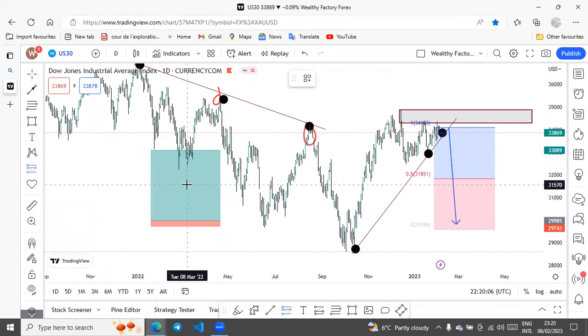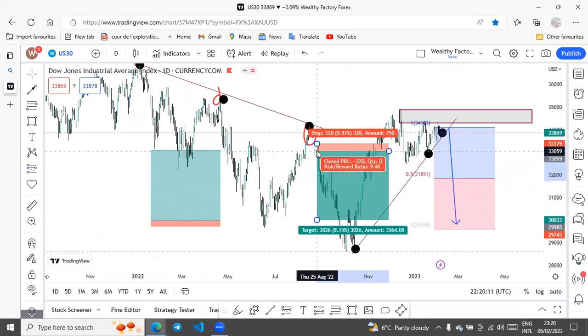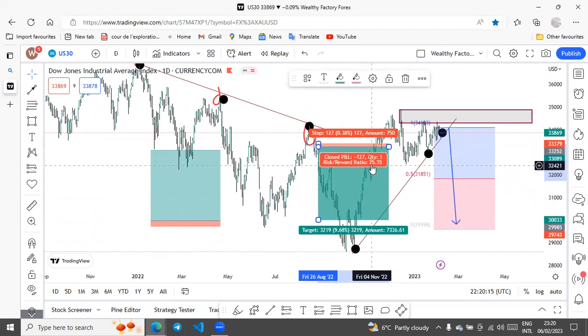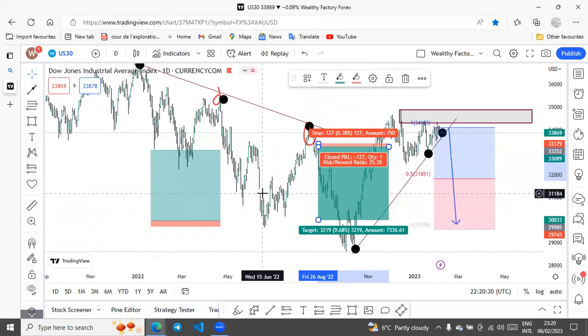So the short one, when you come here, you can see the risk to reward ratio is 25. So you are risking $1 selling. You sold, but you risked $1 to gain $25. That's what it means. So these are some of the most important instruments, guys, that I use in the forex market.